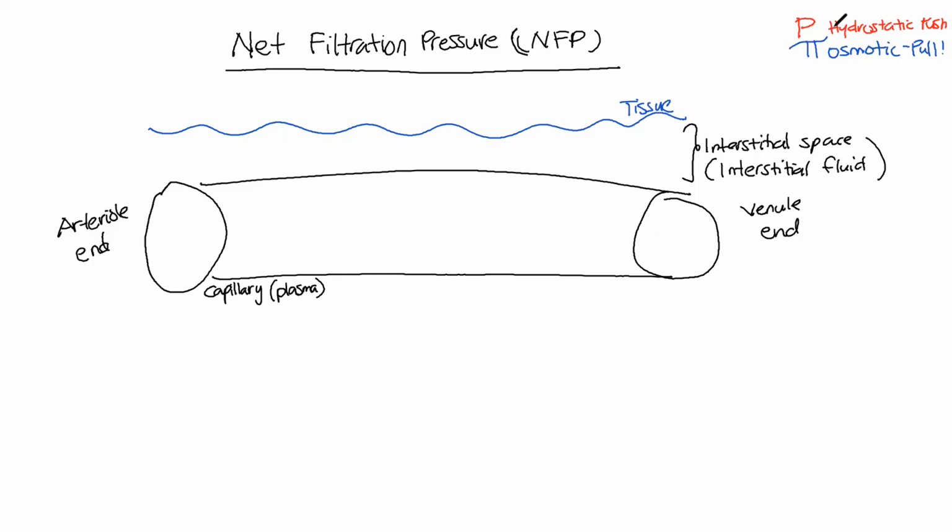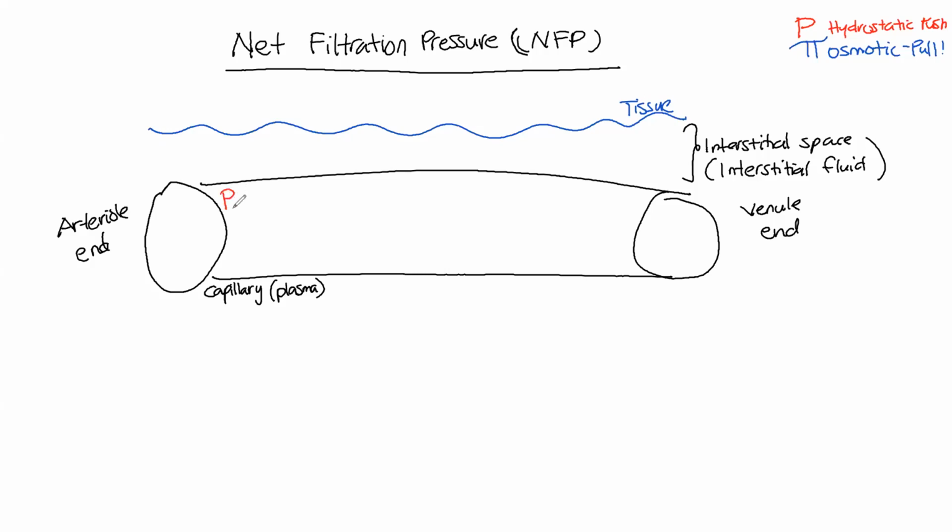So I'm seeing hydrostatic, which is correct. Anyone remember specifically which hydrostatic, when we have two hydrostatic pressures, one in the interstitial space, one in the capillary? So it's going to be that capillary hydrostatic pressure, right? So we're going to start with that one.